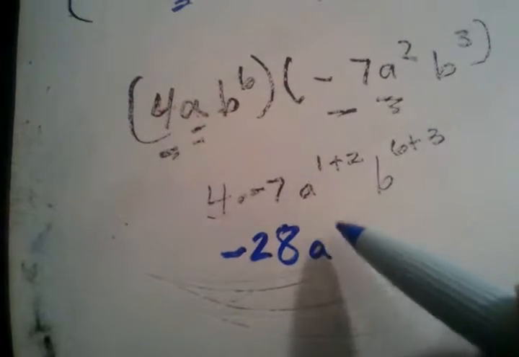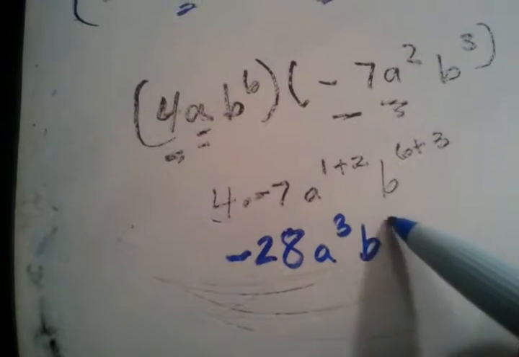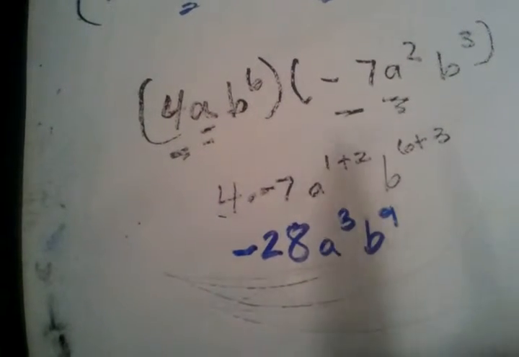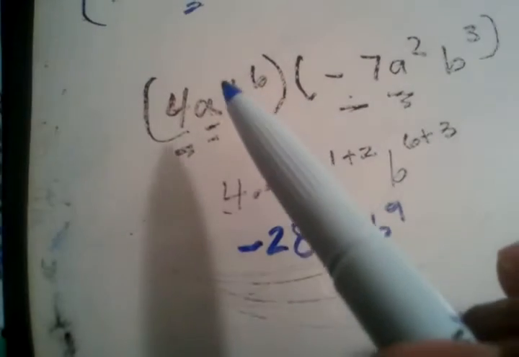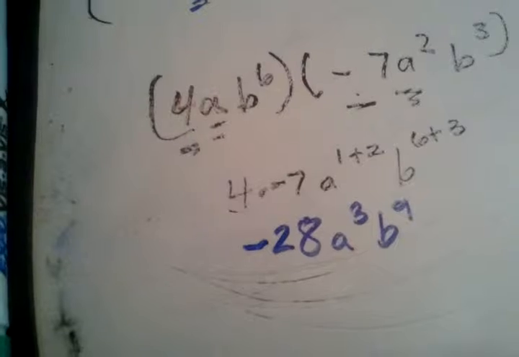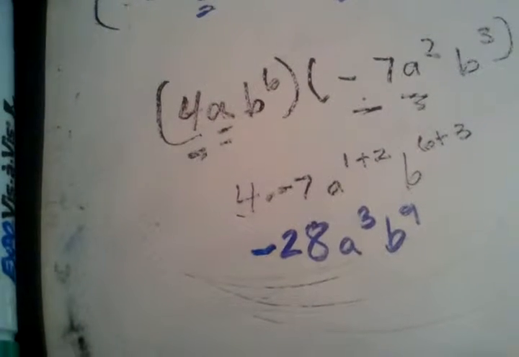This will be a to the third and b to the ninth. Many of us could have probably did that in our head. 4 times negative 7 gives us negative 28. A to the first times a to the second is a to the third. B to the 6 times b to the third is b to the ninth. So that is all that you have to do in that case.